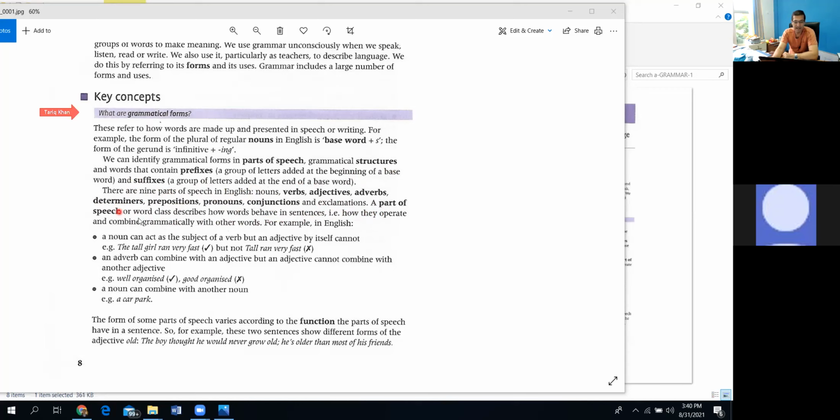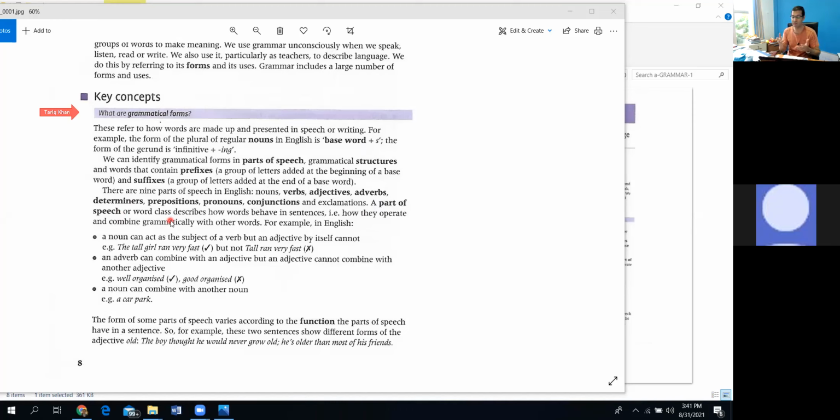Now you can highlight this. Parts of speech tell you how words behave in sentences. Like we humans, we have our behavior, and different people behave in different ways. Some are rude, some are friendly, some are suspicious, some are curious.